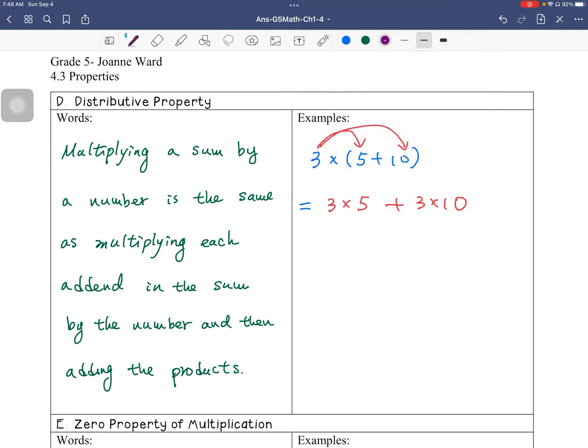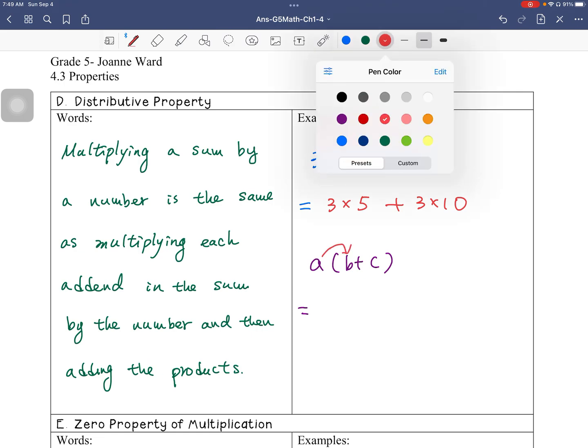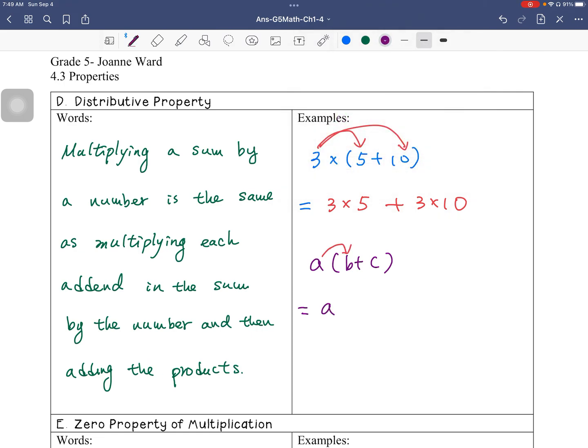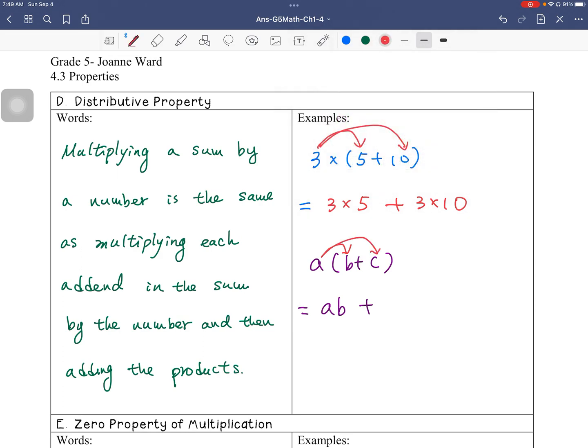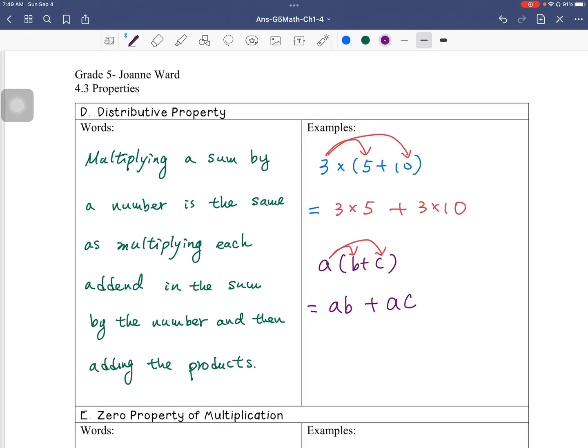Now I have A times (B plus C) equals A times B plus A times C. So multiplying each addend in the sum by the number and adding up the products.